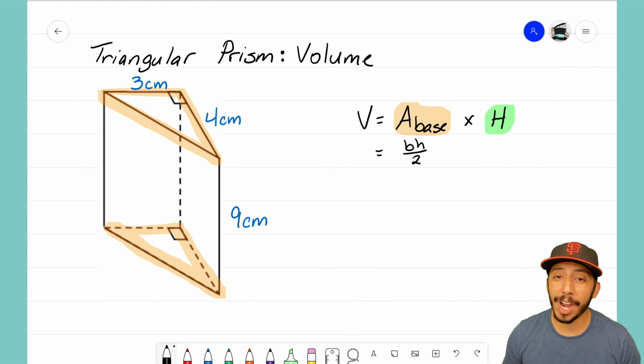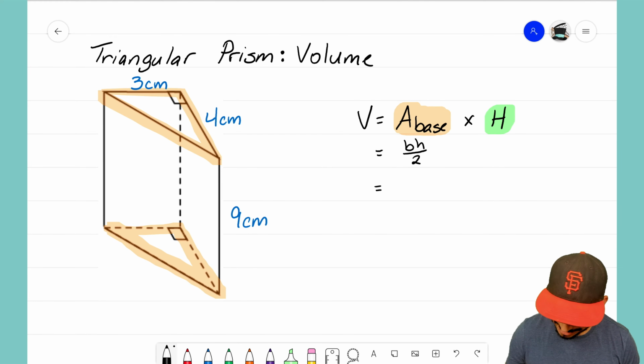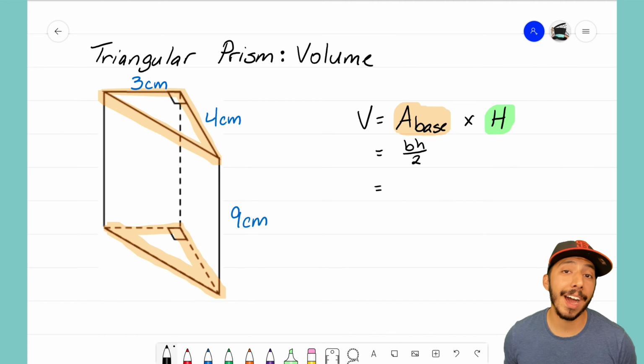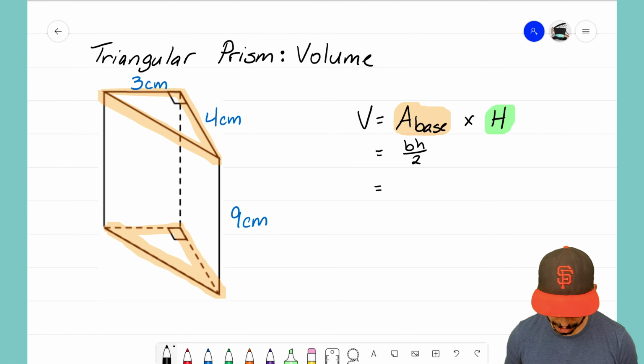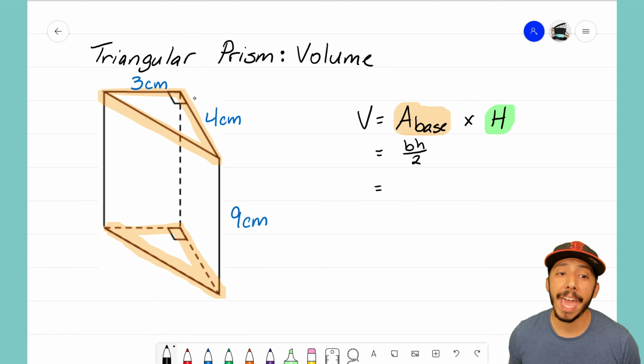So I'm looking at that triangle there on the top, and I need to determine what the base and the height are for that two-dimensional triangle. Well, I'm looking here and it looks like 3 is the base and 4 would be the height, right? I know that one of those is the height because I see the right angle. And in a triangle, the height is always associated with the sides that form the right angle.